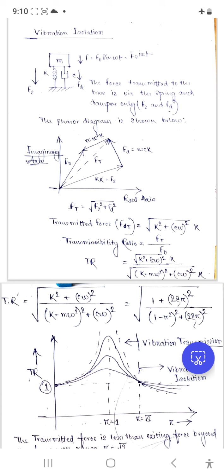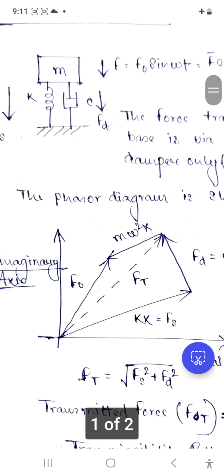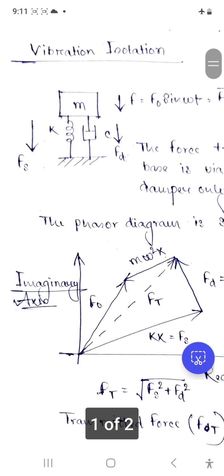Similarly, r equal to omega by omega n, and omega n is dependent on the spring stiffness value and the mass value. Okay, so I can say that the vibrational behavior or the response of the system, or the vibration transmission or force transmission or force isolation, are dependent on the parameters or the elements which were attached to this body for keeping it isolated.